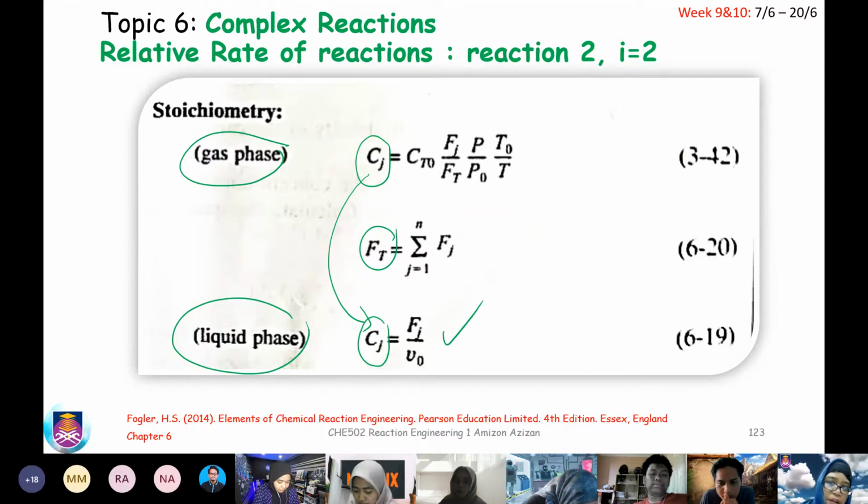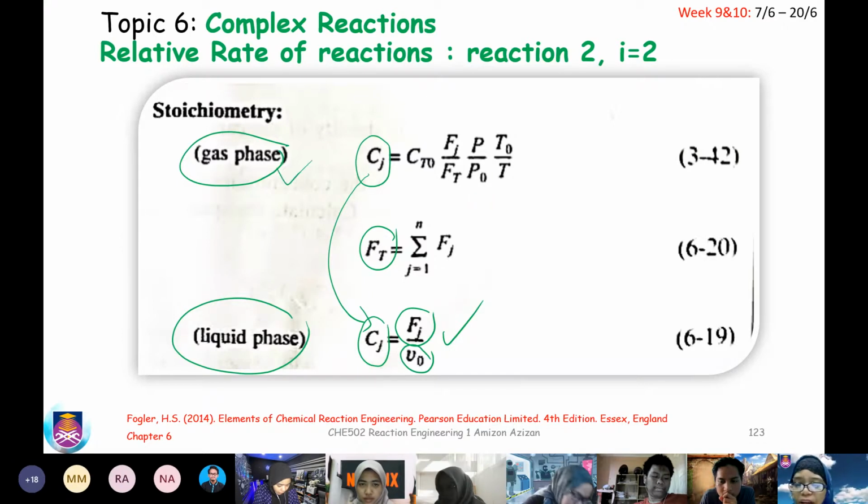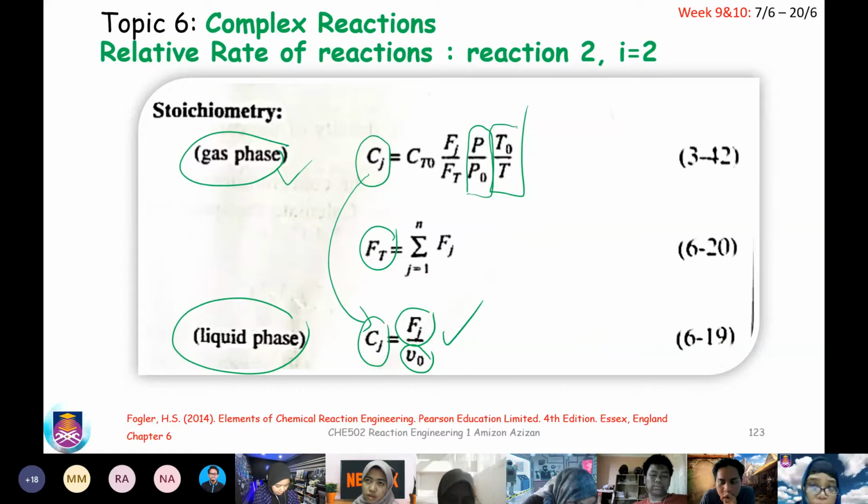Liquid phase is very straightforward, dealing with the molar flow rate and the initial volumetric flow rate. Then gas phase, we have the ratio of pressure and temperature. So if the system is isothermal, the temperature is the same, then you simply cross that out, which the ratio becomes 1, same goes to isobaric.